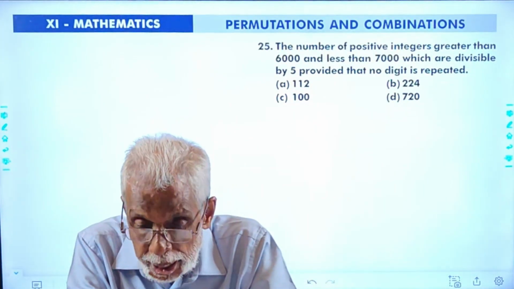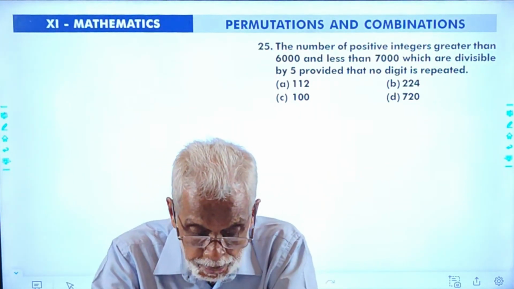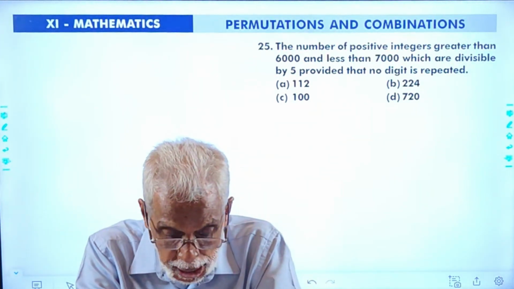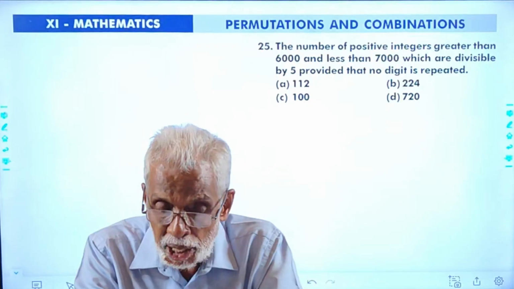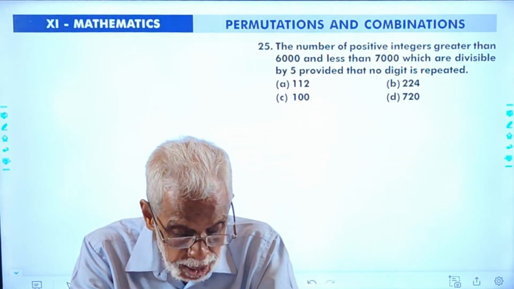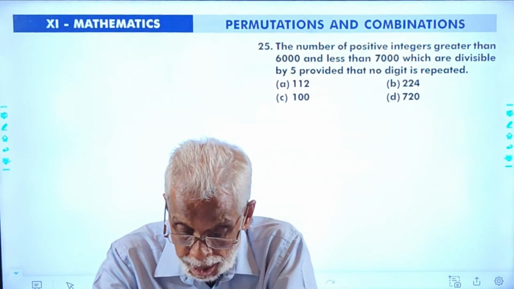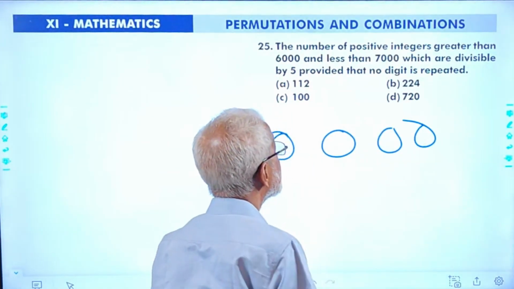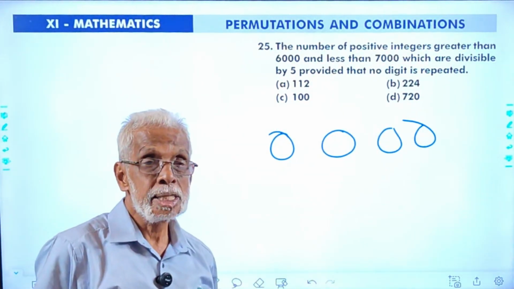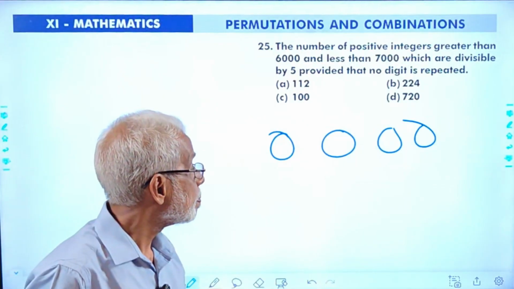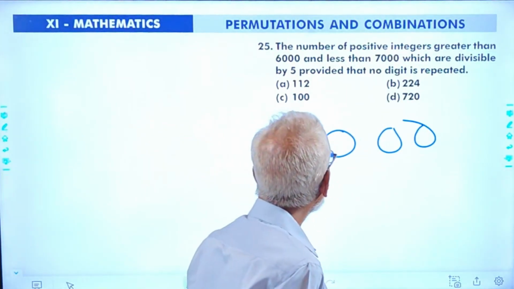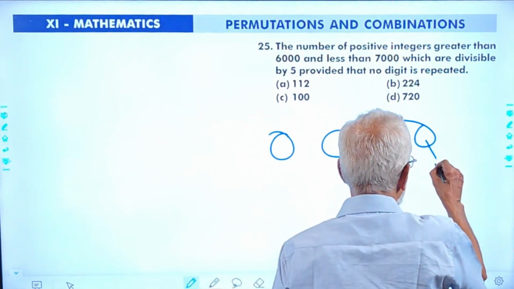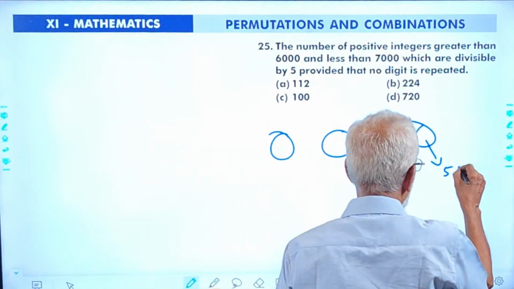The number of positive integers greater than 6,000 and less than 7,000 which are divisible by 5, provided no digit is repeated. All the numbers are 4-digit numbers. Since a number is divisible by 5, it should end with either 5 or 0.